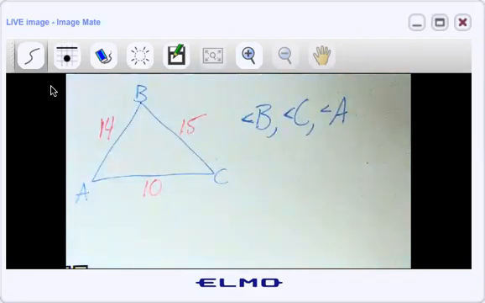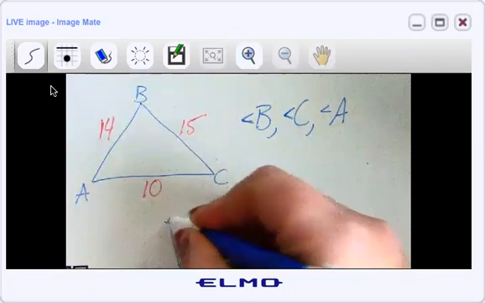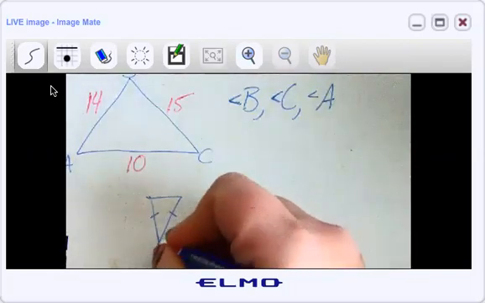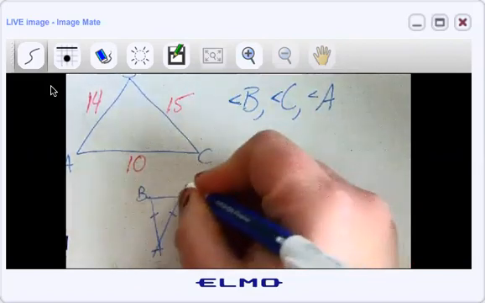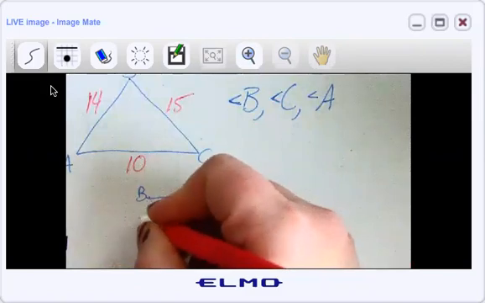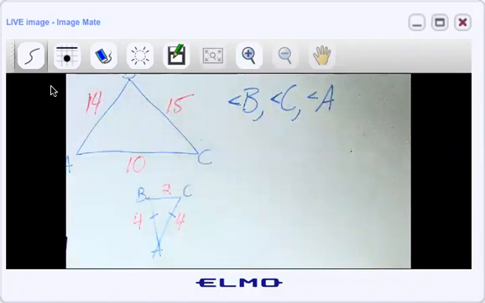Okay, now I know what you're thinking. Mrs. Savia, what happens when you have an isosceles triangle and two of them are the same? Well, that's a great question. If you had something like that, let me just draw one of those real quick. If you had two sides the same, so let's say A, B, C, these are both 4, and this one's 2.